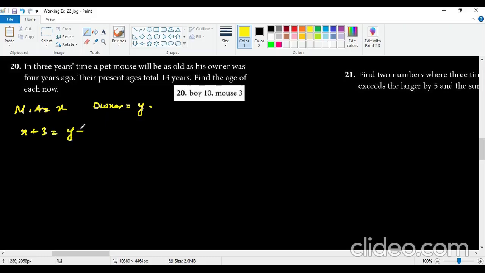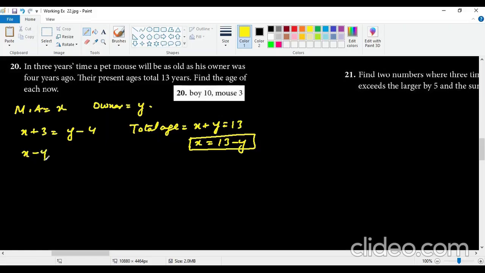and the total age is going to be x plus y equals 13. That means x will be equal to 13 minus y. So in here it says x minus y equals minus 4 minus 3.